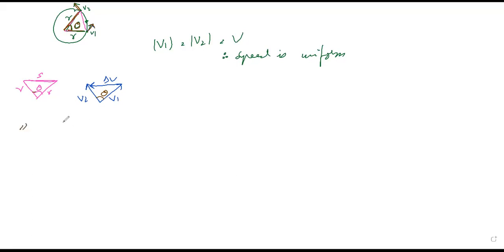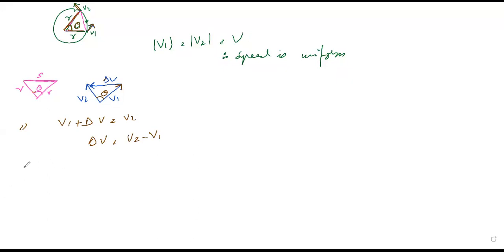Also from the head to tail rule, we can see the arrow of v1 is at the tail of del v, so by addition v1 plus del v is equal to v2. This implies del v is equal to v2 minus v1.